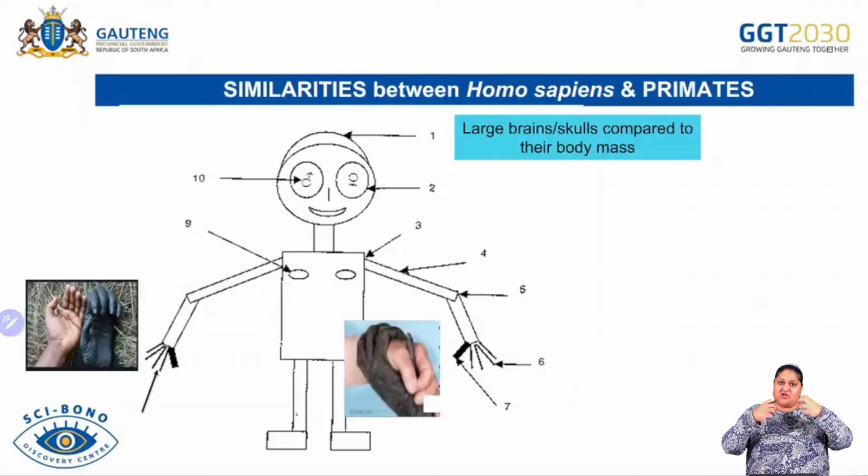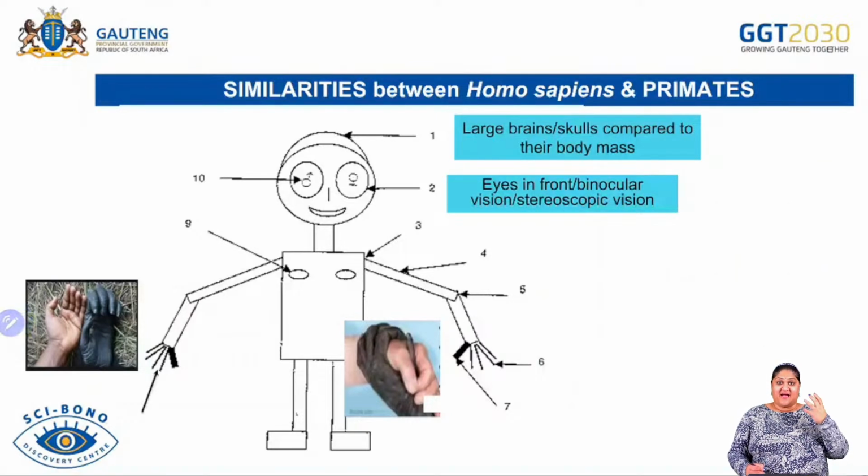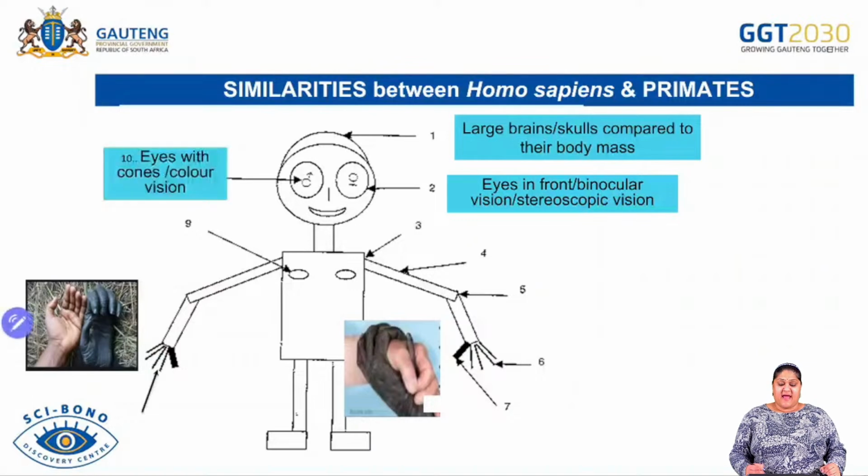And we have a large brain compared to our body mass. Then we have eyes in front, we have binocular vision or stereoscopic vision, and we also have eyes with cones and or color vision. So that's everything to do with the head region. I made it blue. Large brains compared to their body mass, eyes in front, eyes with color vision.